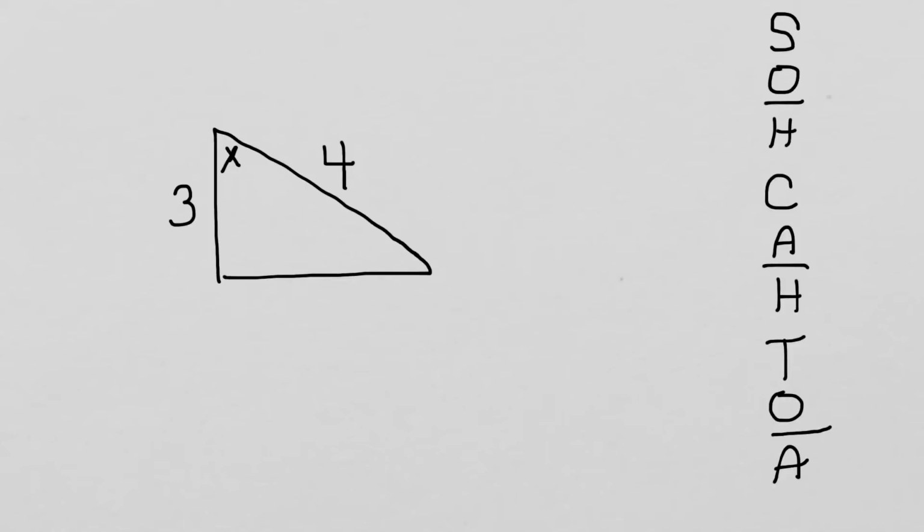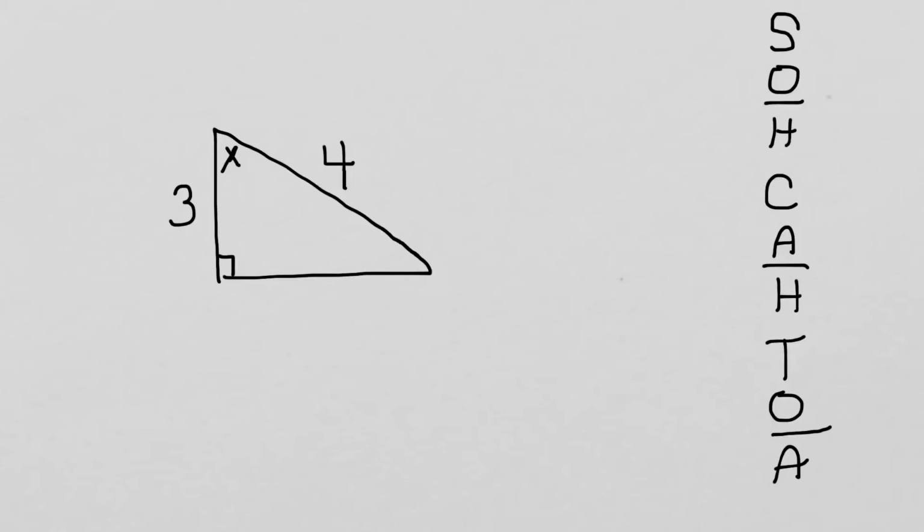Here's problem number 2. I know that one side, the side on the left, is a 3, and I know that the hypotenuse is a 4. The hypotenuse is 4, and the side that's adjacent, the 3, are the two sides we have to work with.